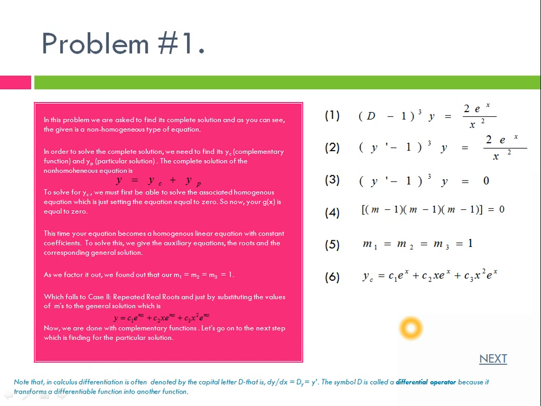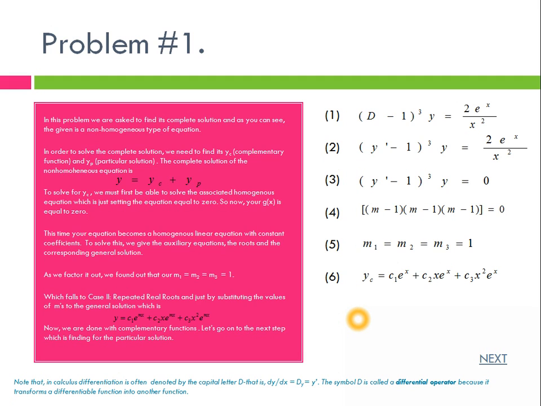Problem number 1. In this problem, we're asked to find its complete solution. As you can see, the given is a non-homogeneous type of equation. Why non-homogeneous? Because our g of x has a value, which is equal to 2e^x / x^2. In higher order ODE, we have two types of equation. First is the non-homogeneous type, and second is the homogeneous type.